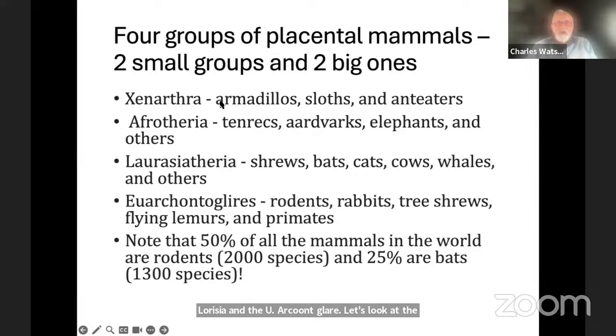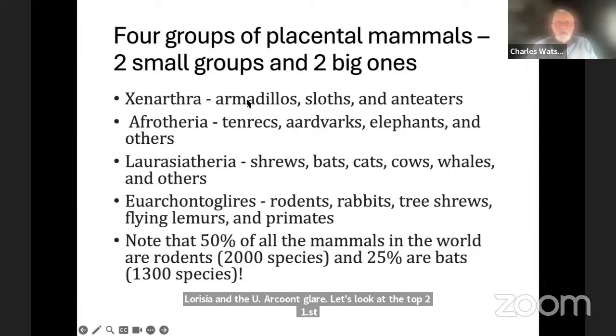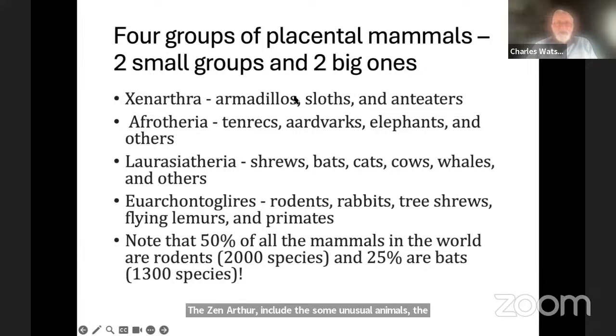The Xenarthra include some unusual animals, the armadillos, the sloths, and the anteaters. They're in North and South America. The Afrotheria are another important but small group. They include the elephants, the aardvarks, the tenrecs, and some other interesting ones. We're going to see an example of one tonight. Well, it's not today for you, but in this lecture.